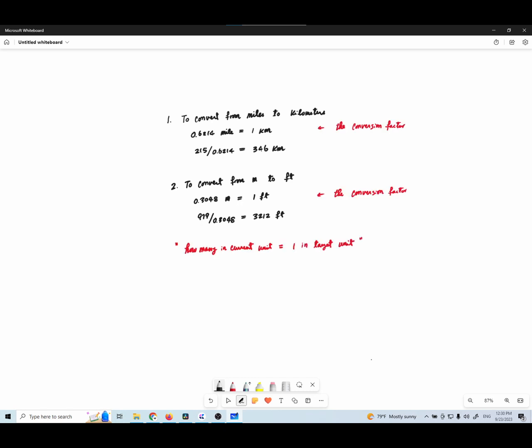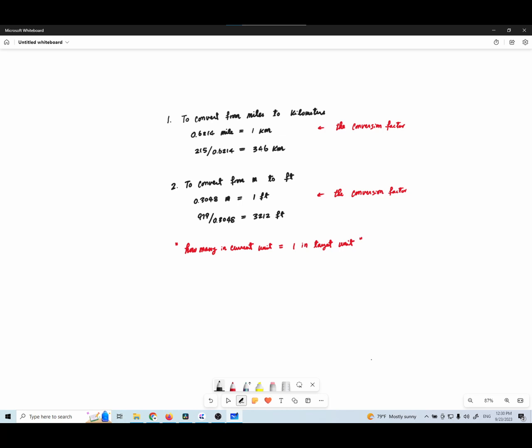In both cases, you will need how many in your current unit is equal to 1 in your target unit. This is known as a conversion factor. We will then take your current value and divide it by the conversion factor.